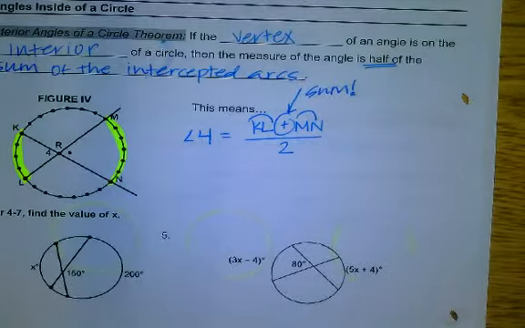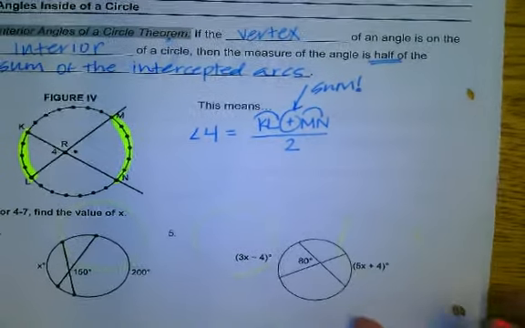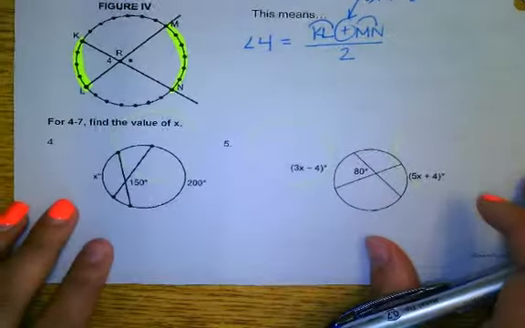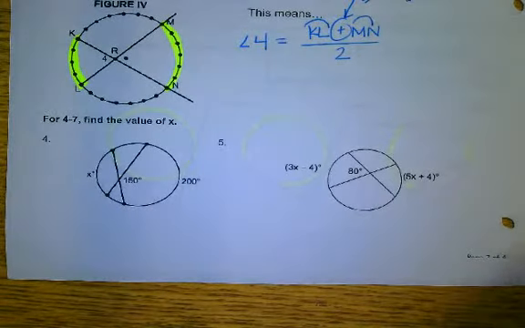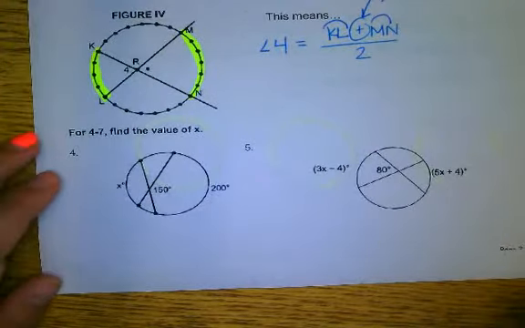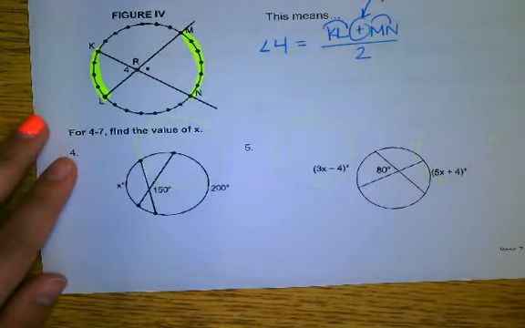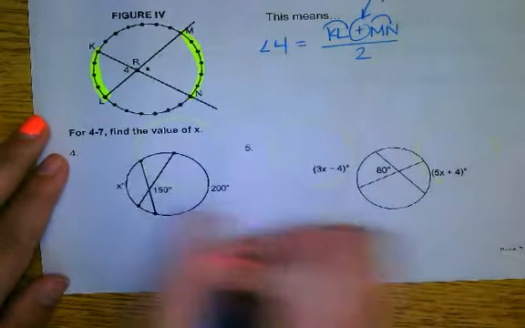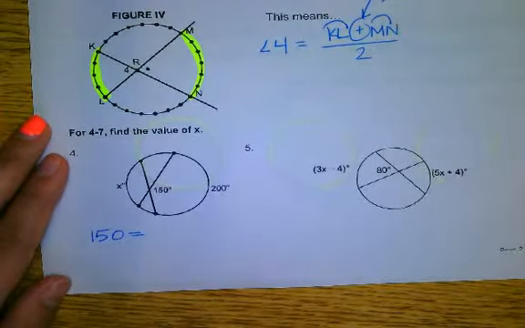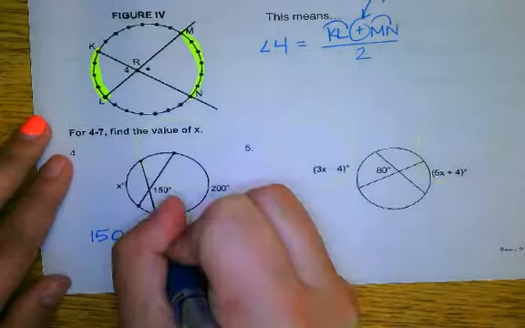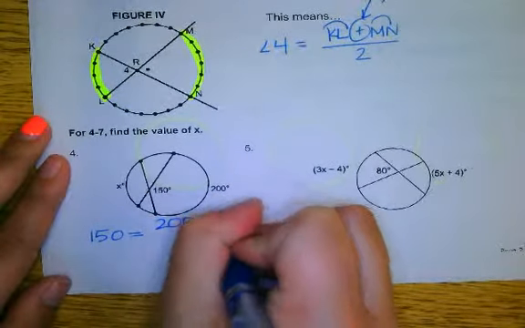Okay, so for number 4, what is my interior angle? 150. And 150 is equal to what? 200 plus x divided by 2.